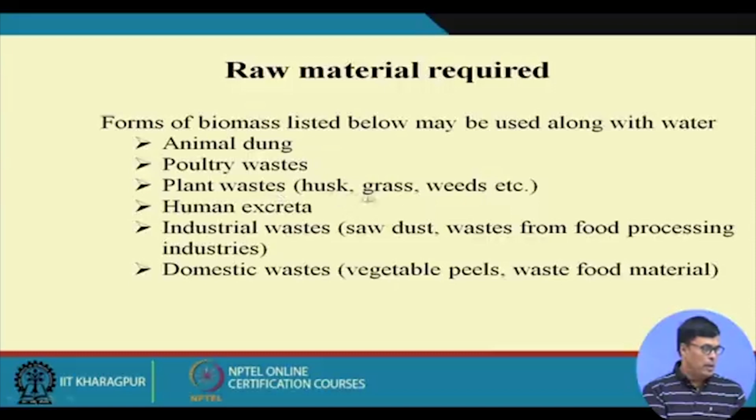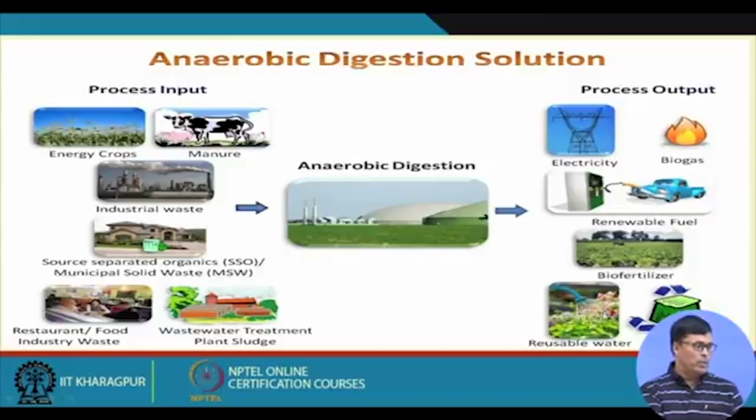Then plant waste like hogs, grass and weeds, human excreta, industrial waste, sawdust, waste from the food processing industry, and domestic waste like vegetable peels and waste food materials. These are the different raw materials that can be used, and pictorially it can be explained like this.